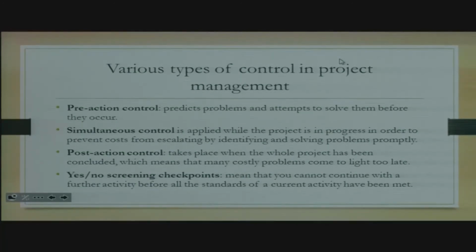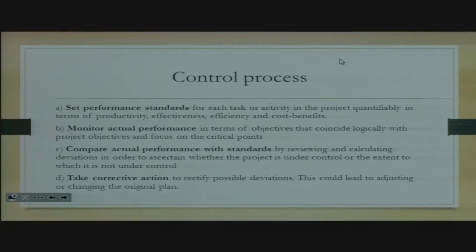Before you can cast in the concrete in there, you need to call the inspector to come and check if the trenches are of prescribed width and depth and so forth. So basically that is again a type of control. Then you got a control process.